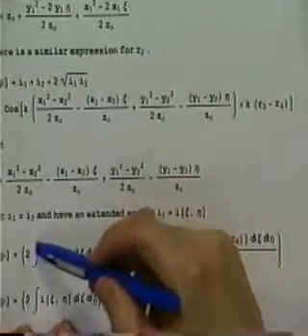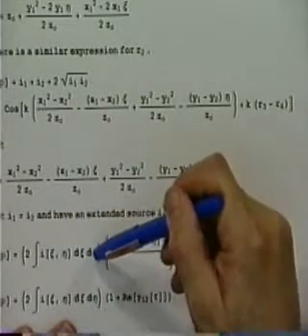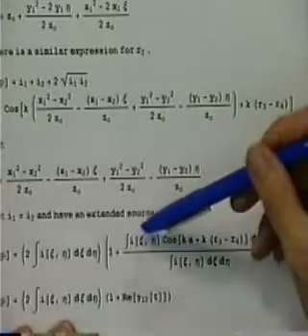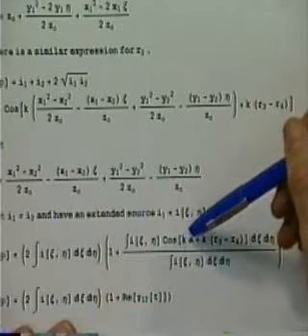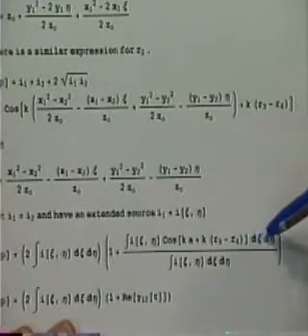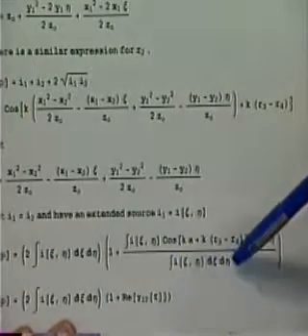And so we end up then with 2 times the integral over the source times I1 plus the integral of I squiggle eta cosine of Ka plus K R3 minus R4 integrated over the source, divided by the integral of I integrated over the source.